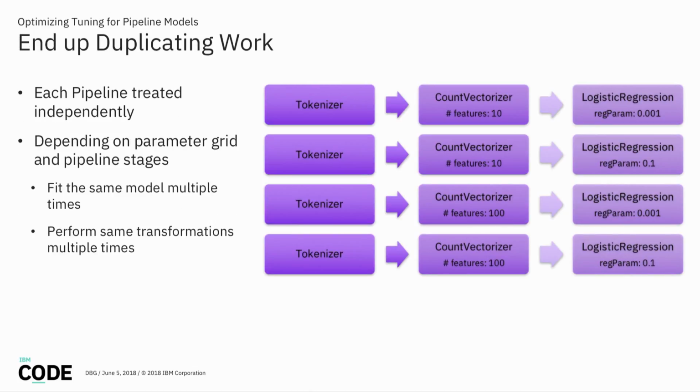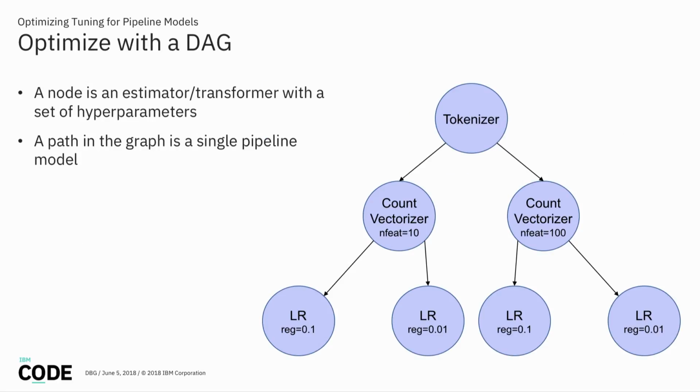So the problem is Spark treats each pipeline model completely independently, which is easy to do in parallel like before. But the problem is we end up duplicating a lot of work. So depending on how you set up your pipeline and your parameter grid, you might end up fitting the same model multiple times or doing the same kind of transformation over and over again.